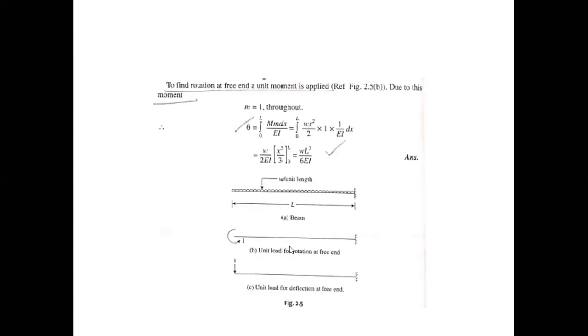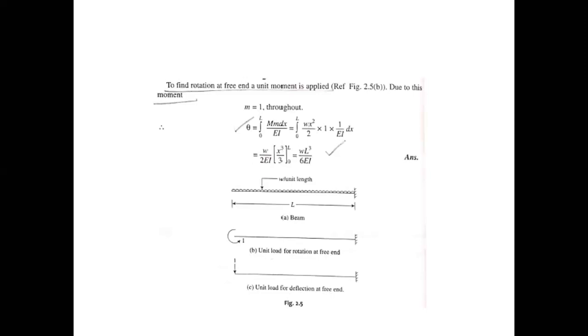See here, for rotation we have applied a unit rotation, and this has given the value of 1 throughout. This is what we have written over here. For the deflection, we have applied a unit force at the end, and this will give at any section a value of 1 multiplied by x. If x is 1, the moment at the point will be 1.